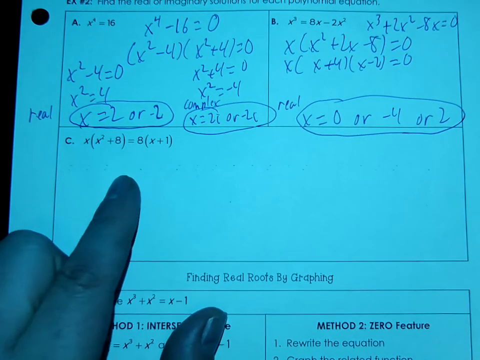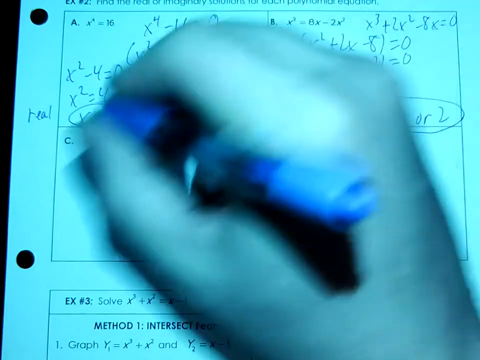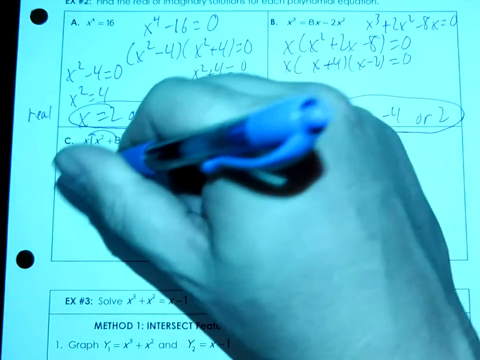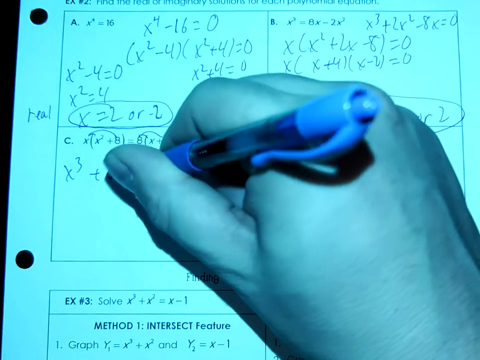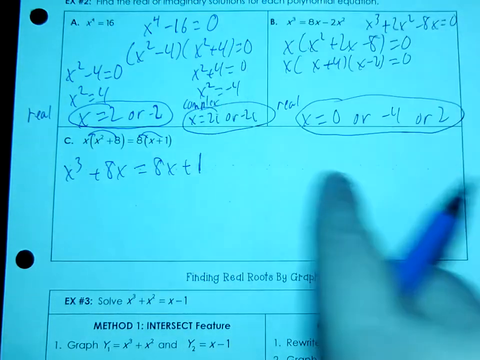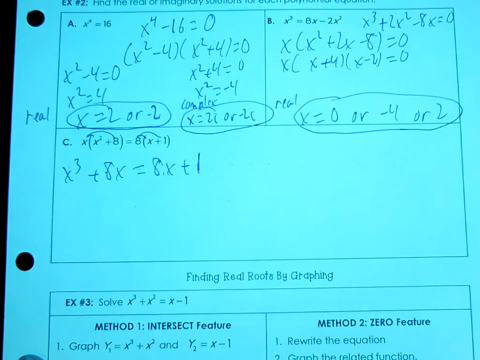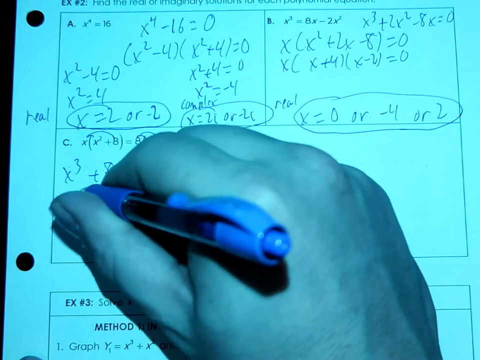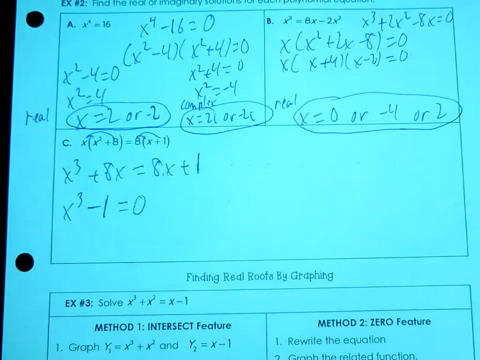Alright, so I have to actually multiply everything in first. X cubed plus 8x equals 8x plus 1. Then we move everything over to the left. So I take the 8x from the 8x, which actually makes nothing. So it's going to be x cubed minus 1 equals 0. So this is actually a difference of cubes.